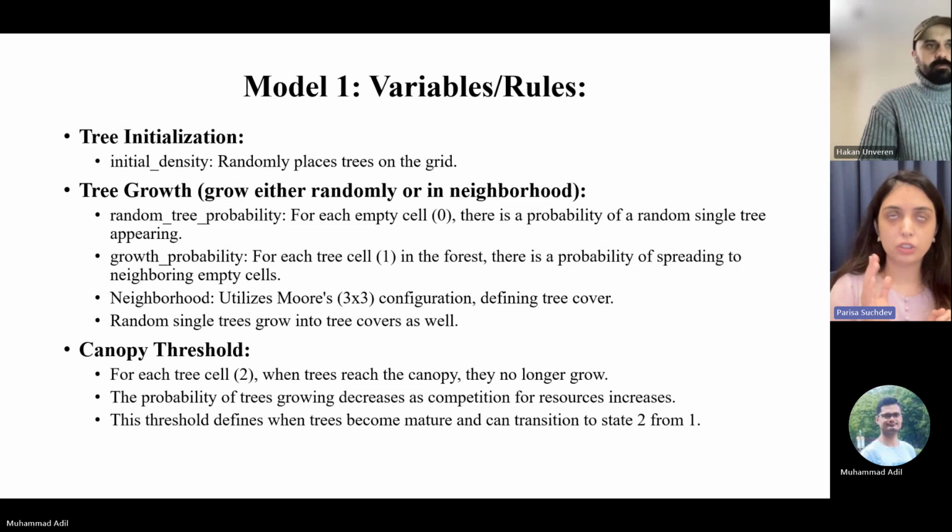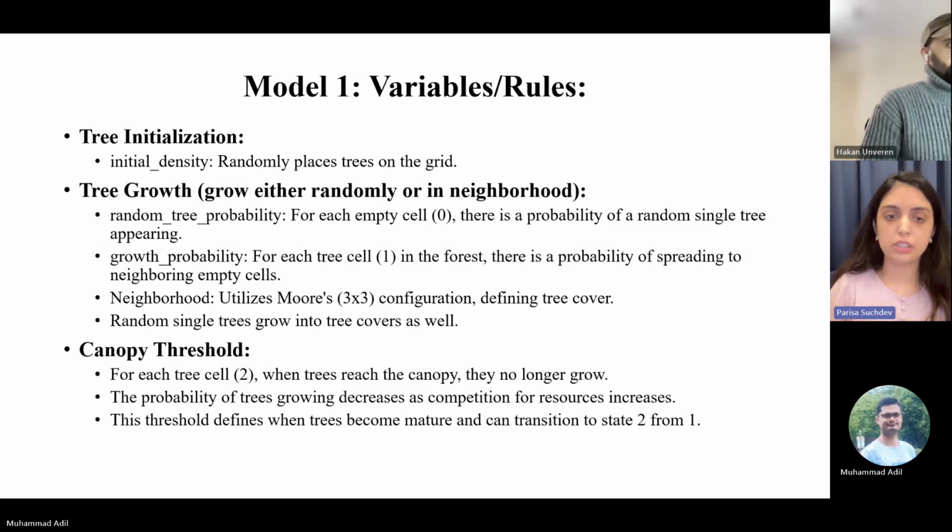For the cells that are already state 1, it will start spreading to the neighbors. We are following Moore's neighborhood. Random single trees grow in the tree cover, so in the simulation we'll see a collection of trees together, and a random tree will also be dense and have neighbors.